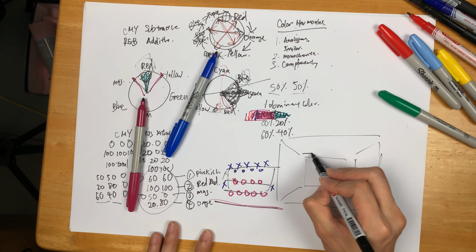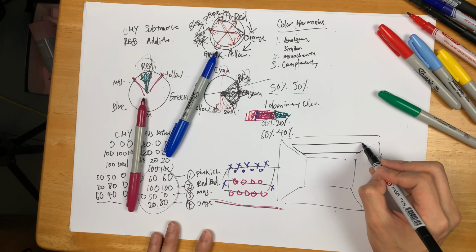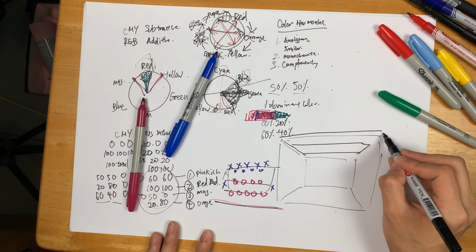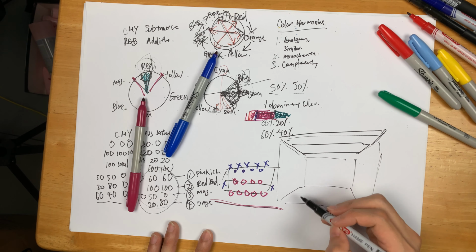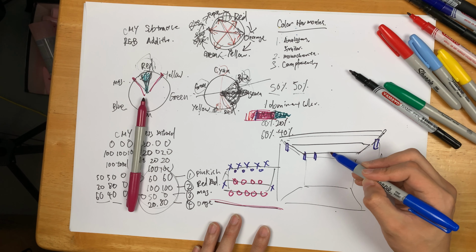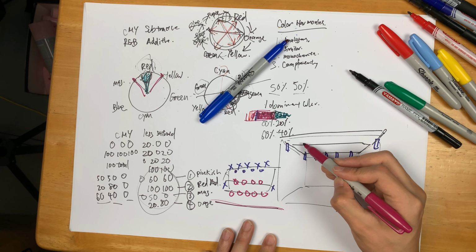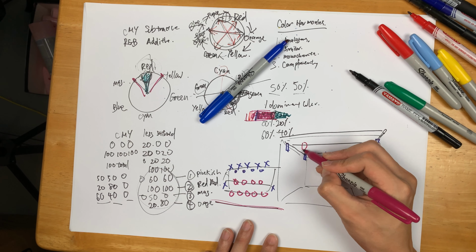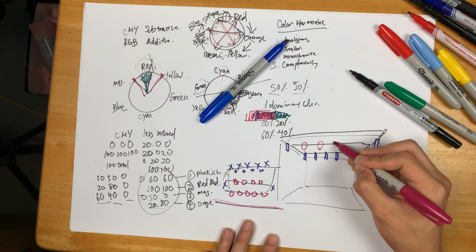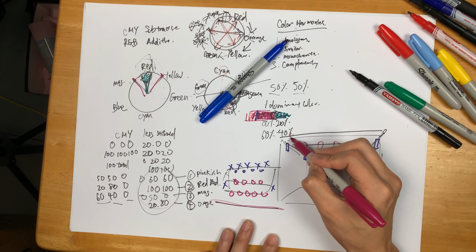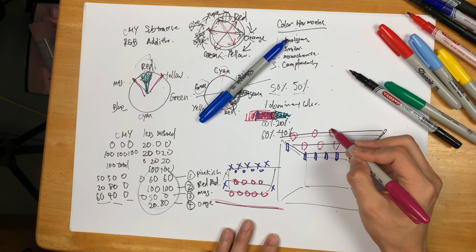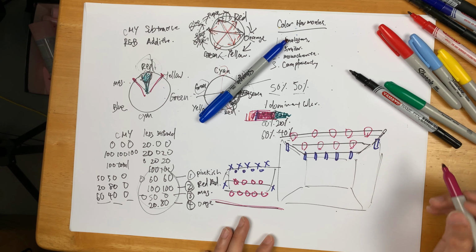So this is the brick, and then one spot here, one spot here, five at the back, and then 1, 2, 3, 4. 1, 2, 3, 4, 5.